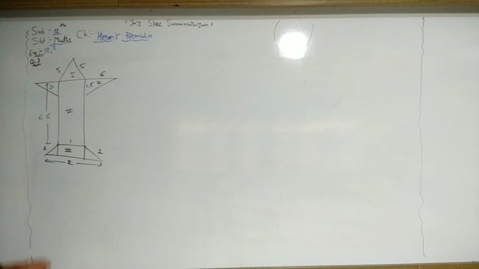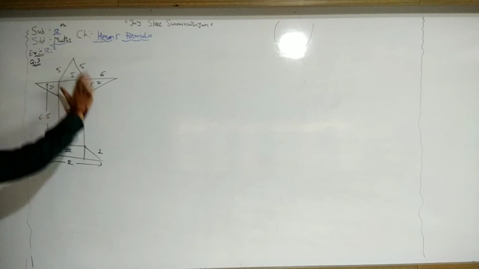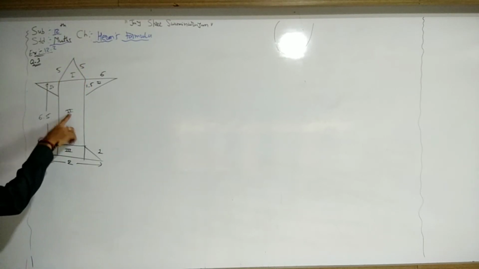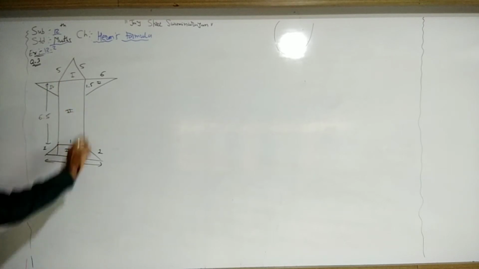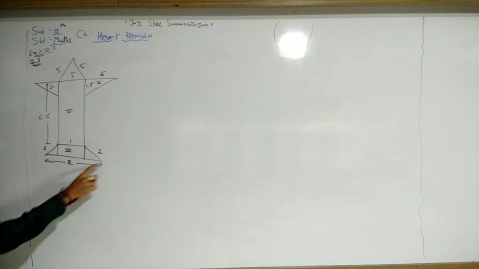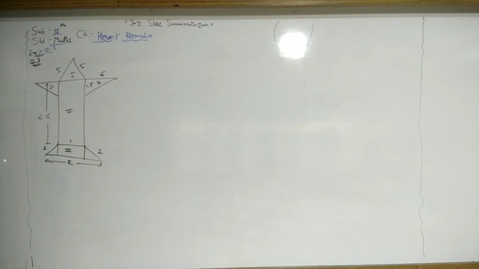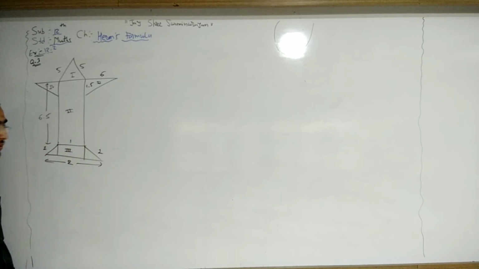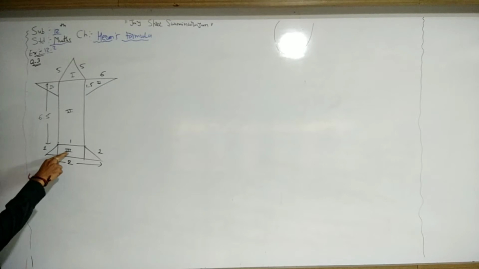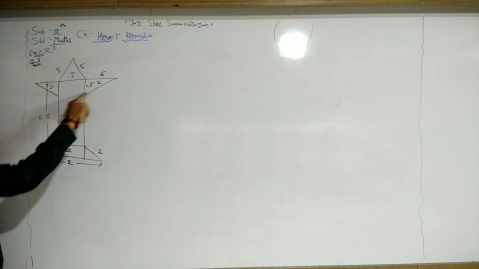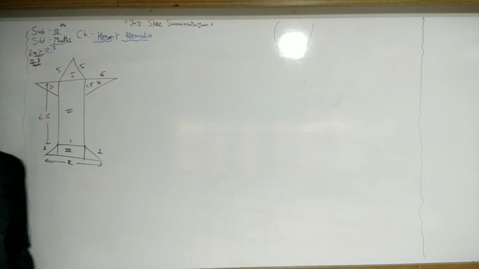So here, this is our first part and this is one triangle. This is our second part, one rectangle. The third part is one trapezoid. The fourth part is one triangle, and the fifth part is also one triangle.